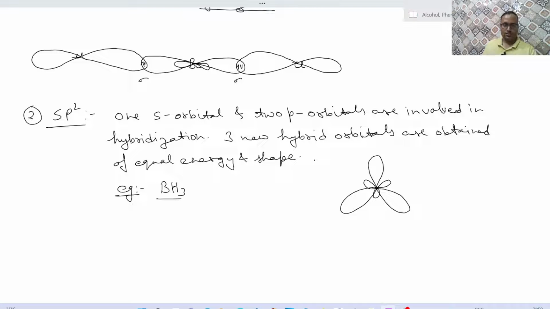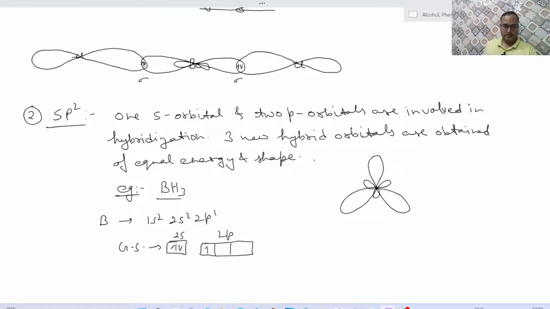Okay, so when we write down the electronic configuration for boron, we can write it as 1s2 2s2 2p1. It will have two electrons in the 2s orbital and one electron in the 2p orbital. So this is the electronic configuration in the ground state.